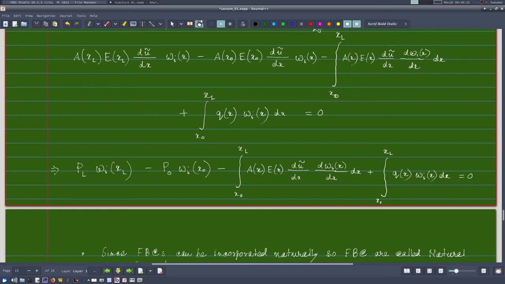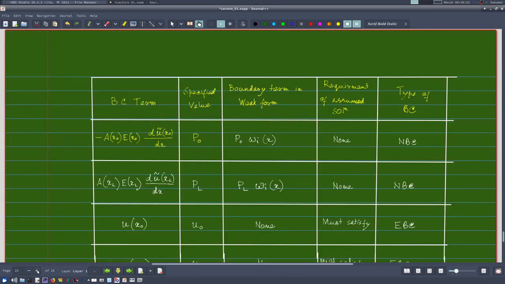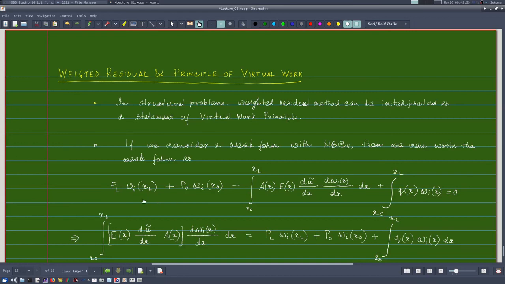So we have got this weak form for this axial deformation problem having force boundary conditions. Okay, this we have already got. Now what I will do, I will bring this term towards the right hand side, and the other terms will be in the left hand side. I can write like this: these boundary terms minus this plus this term is equal to 0.